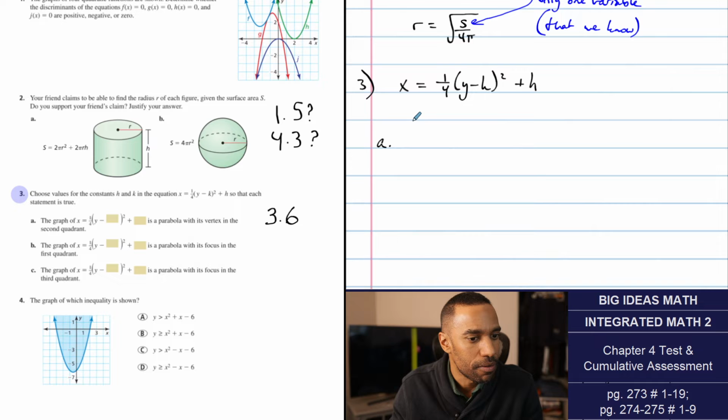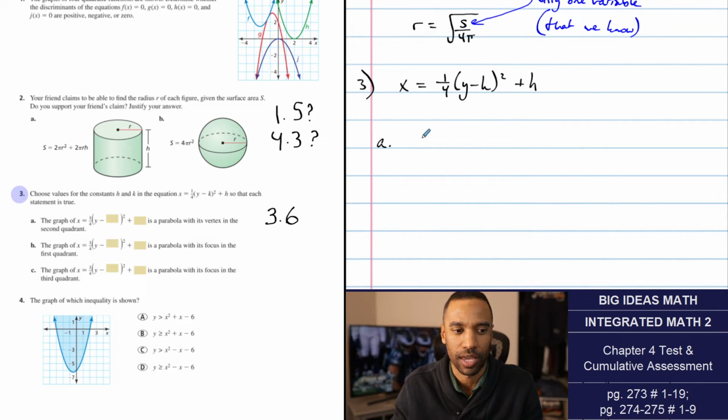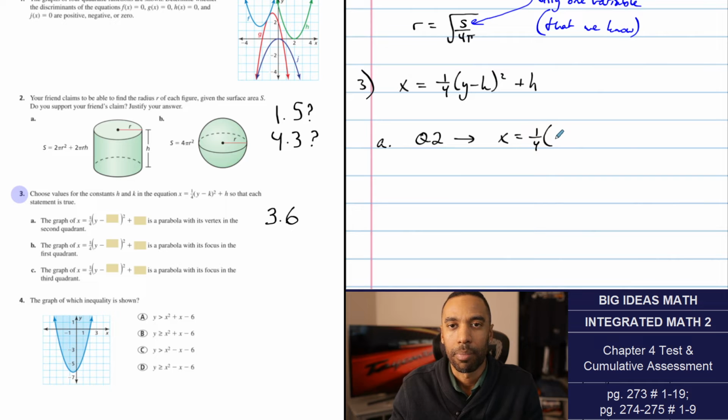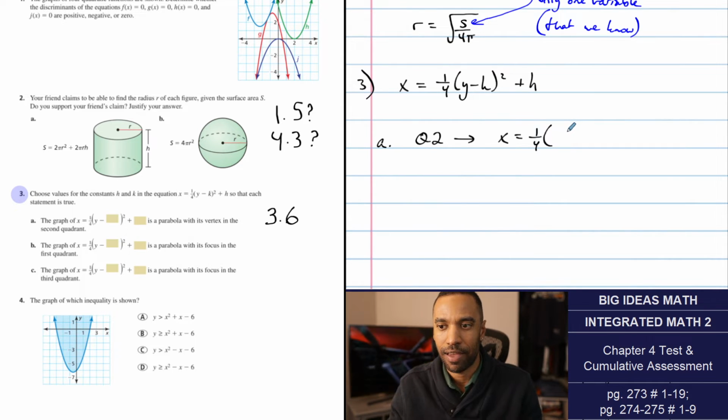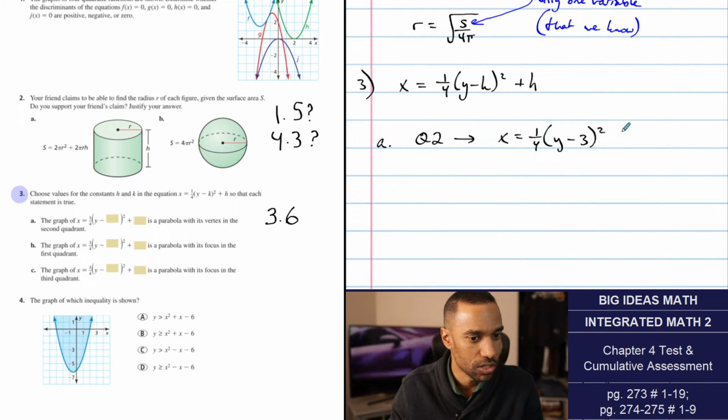The graph of this equation is a parabola with its vertex in the second quadrant. Okay. Quadrant 2, we want a positive y and a negative x. So positive y, we just got to subtract a positive number, such as 3 is the vertex, right?